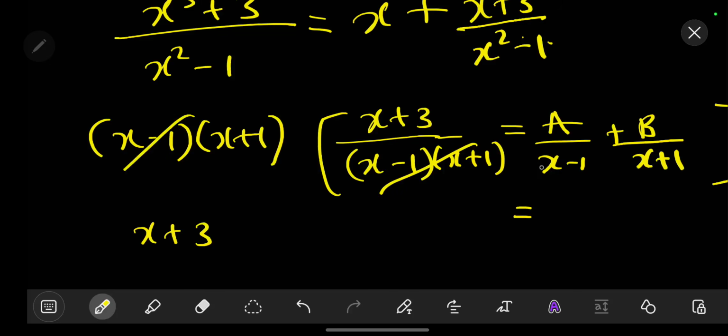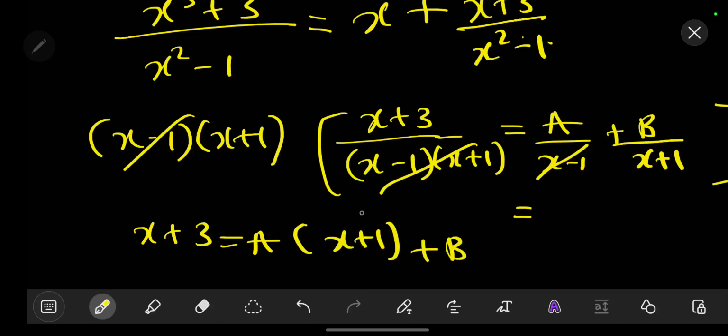Then for the second part, this cancels with this, so we are going to have our a, open brackets, we are remaining with our x plus 1. Then we have plus our b, so our b on that one cancels with this, so we are going to have b times x minus our 1 like that.